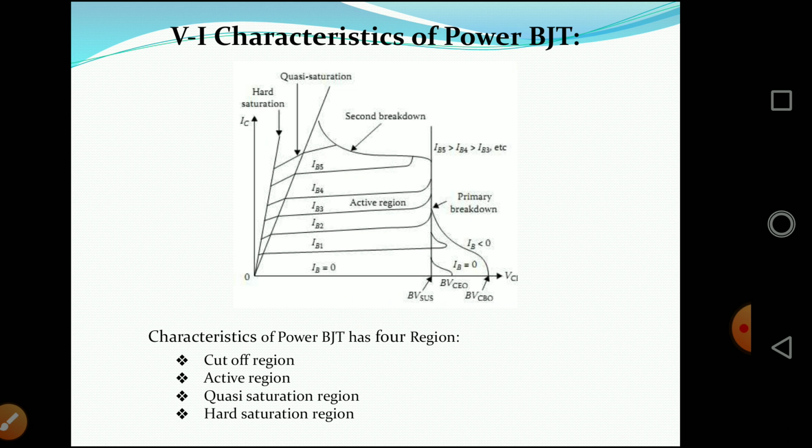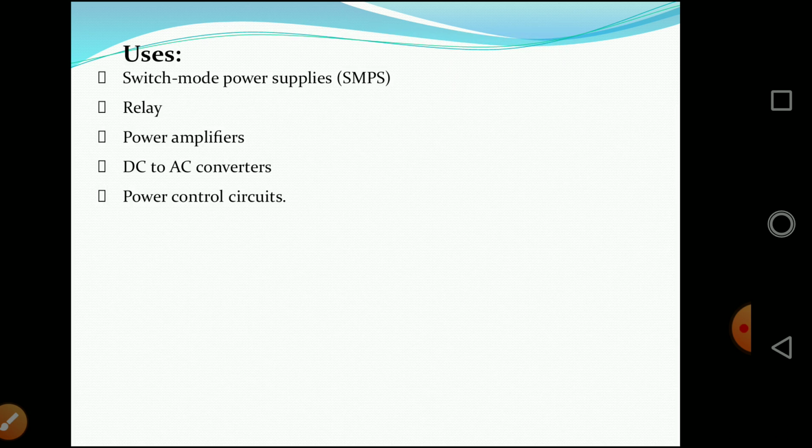Quasi saturation is meant for low power and hard saturation is meant for high power, because in the hard saturation region current increases sharply, but in quasi saturation the current increases gradually with the increase in voltage.